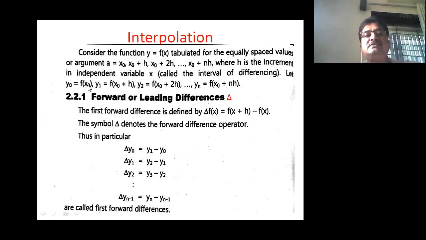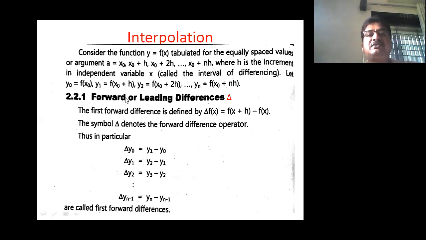That is, instead of f of x naught, we can write y naught. f of x naught plus h in another form is y1. So y1 and f of x naught plus h are both the same. f of x naught plus 2h is y2. So remember all these notations. We solve the problems in both notations, that is y naught, y1, y2, yn, and also in the notation f of x naught plus h, and so on.